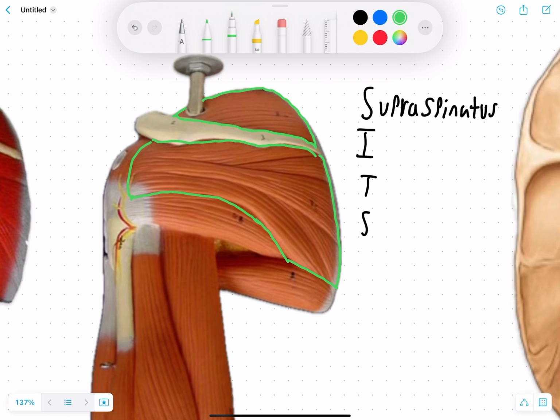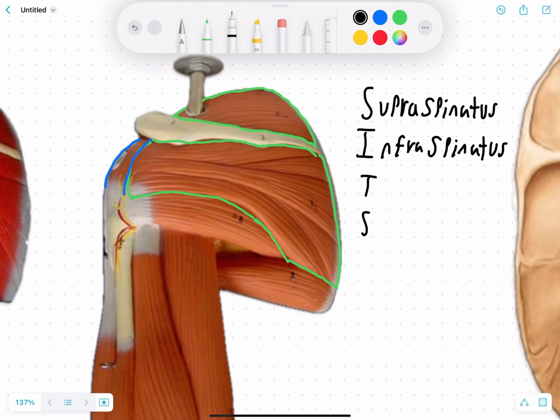So that's all of our infra. And I'd also like to point out that this part right here that I'm going to quickly highlight in blue is just an extension of our supraspinatus muscle there. So then, okay, we've got our infraspinatus, we've got our supraspinatus, and that's the infraspinatus there.